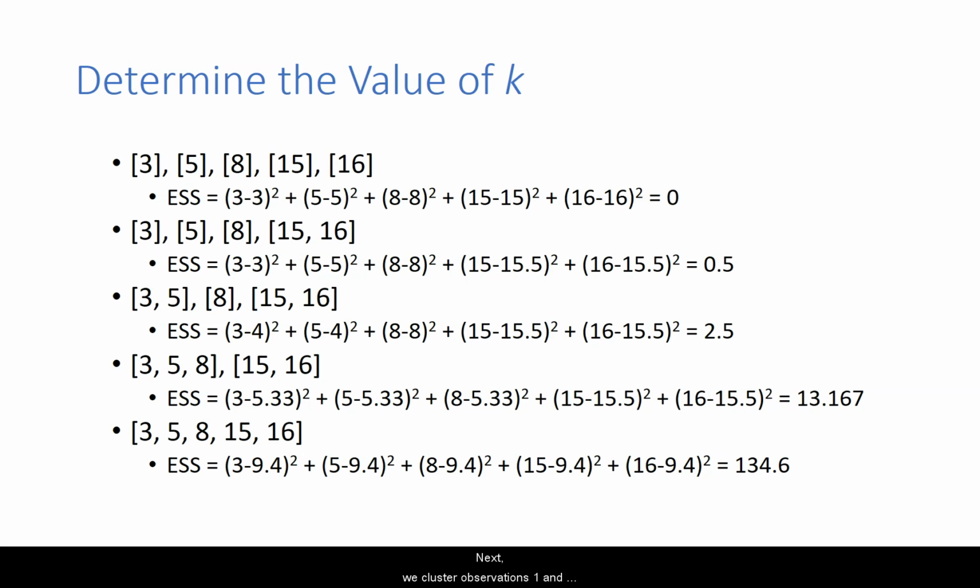Next, we cluster observations 1 and 2 together because they are closest to each other. Then the ESS becomes 2.5, indicating further loss of information. One thing you will notice is that when we went from 5 clusters to 4 clusters and then to 3 clusters, the ESS value increased slightly from 0 to 0.5 and then to 2.5.